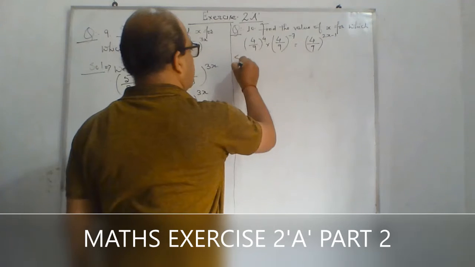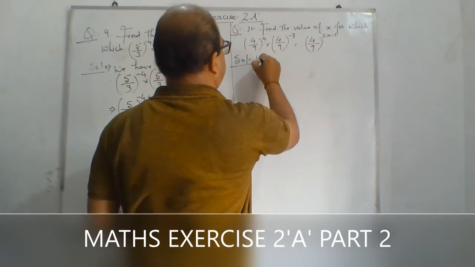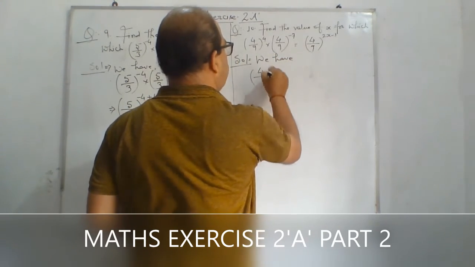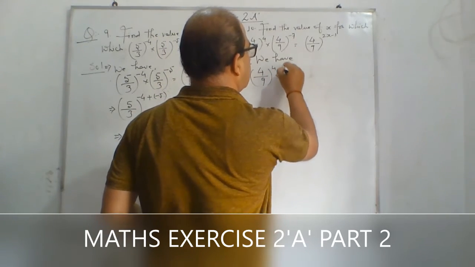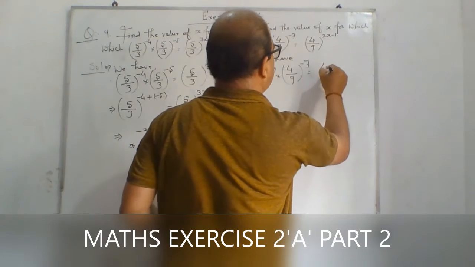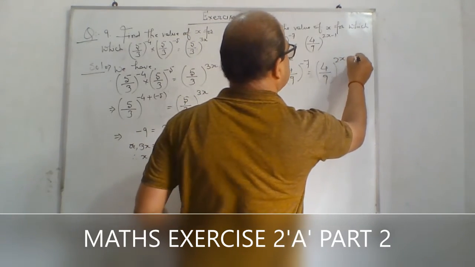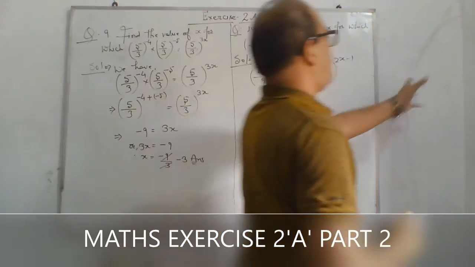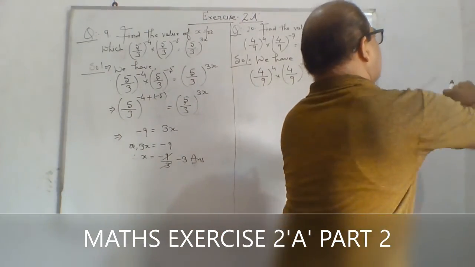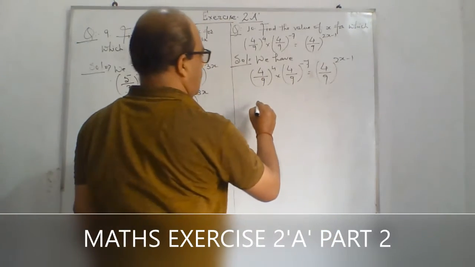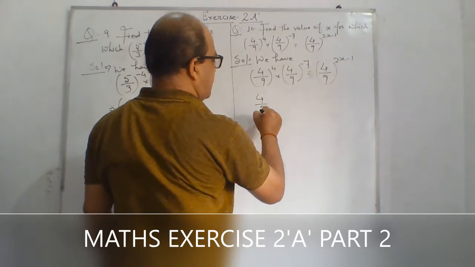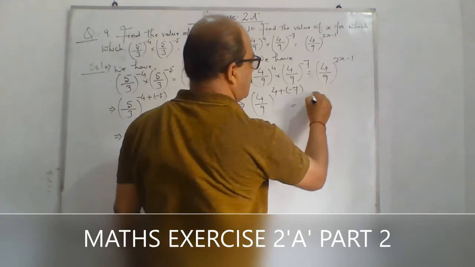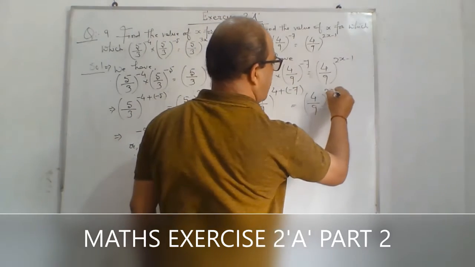See, in question number 10, by the same process, we have (4/9)^4 × (4/9)^-7 = (4/9)^(2x-1). We take 4/9 as the base, and 4 plus minus 7 is equal to minus 3.